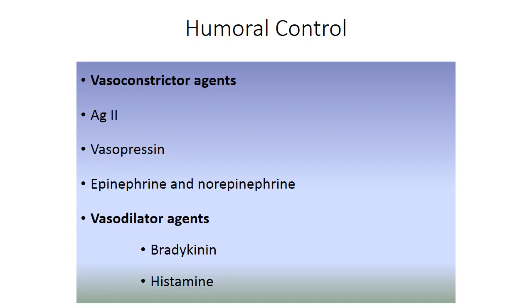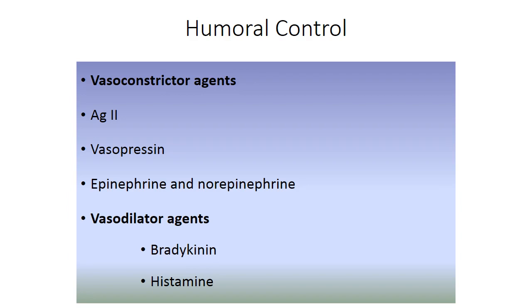As you know, epinephrine and norepinephrine are other vasoconstrictor agents. Norepinephrine is more powerful than epinephrine. Norepinephrine is secreted from sympathetic nerves, and they can increase heart rate and constrict veins and arterioles.